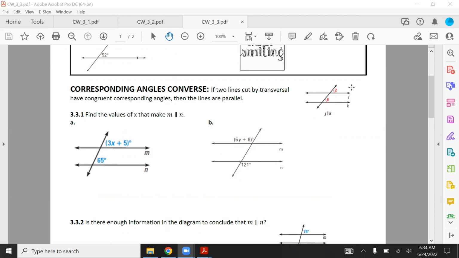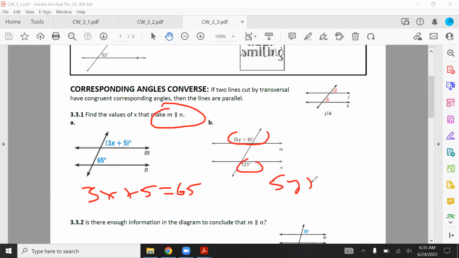So if two lines are cut by a transversal and have congruent corresponding angles, then the lines are parallel. In this case, you want to make these parallel, so you better make 3x plus 5 equal to 65. Or in this case, these are alternate exterior, so you better make 5y plus 6 equal to 121. And you solve each case. 3x equals 60, x equals 20.